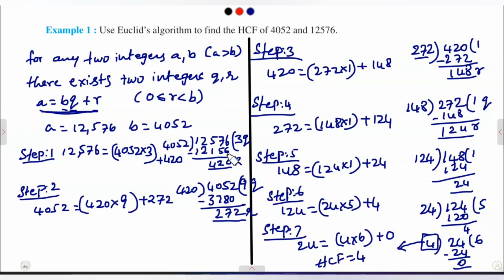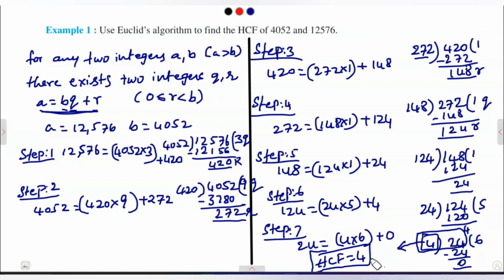So like this, you can apply the division lemma, find all the steps and finally find the HCF. Now you can understand this: HCF 4 is the HCF of 4 and 24. HCF of these two numbers, 24 and 4, is also 4.